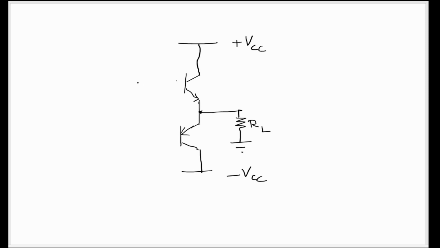So in the basic circuit, we are not using any biasing circuit, and we are just using a coupling capacitor for both transistors like this, and these two ends are connected together and the signal is applied here.